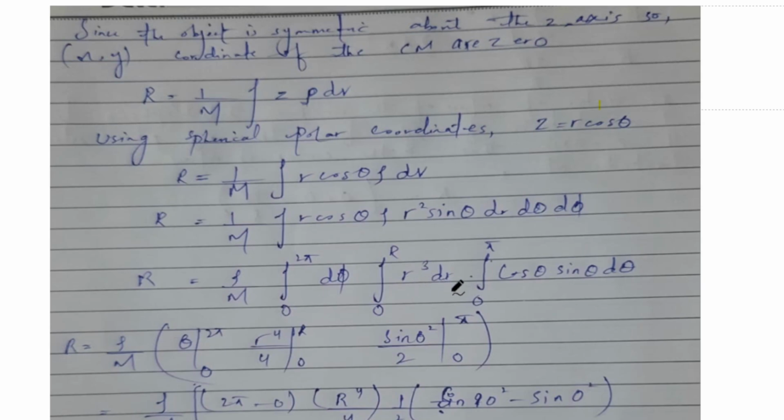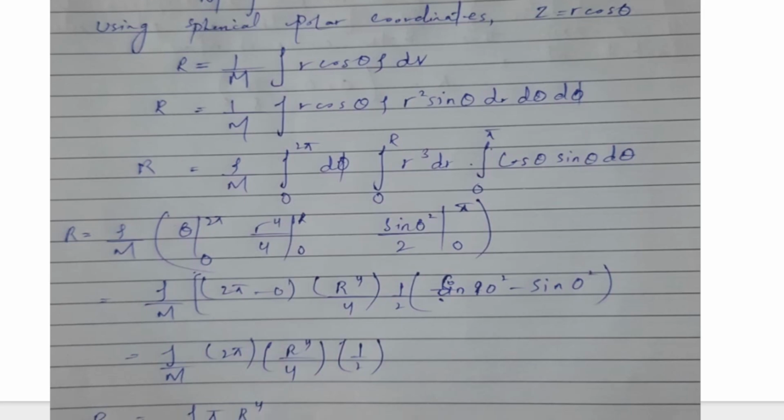This is the radial component. And further you can see these are trigonometric identities. So you can put the value of theta, with limits 0 to pi. After applying integration, you will get these terms. Already you know very well that these are the limit values.